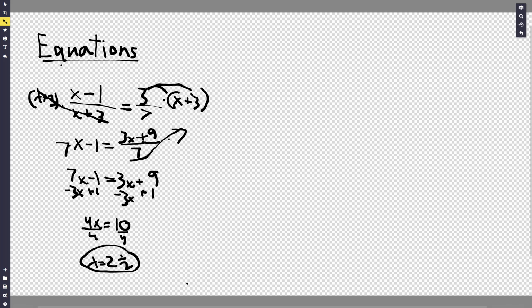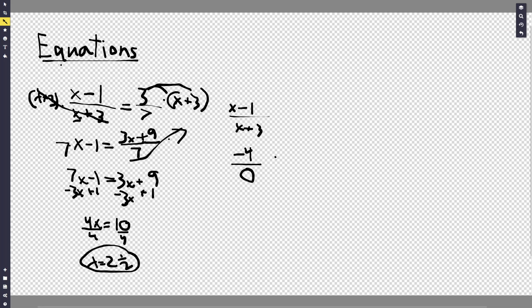When working with rational equations, you must make sure that you see your excluded values. What excluded values mean is that x can't be just anything. When x is in the denominator, like x minus 1 over x plus 3, if x were equal to negative 3, that's negative 4 divided by negative 3 plus 3, which is 0.